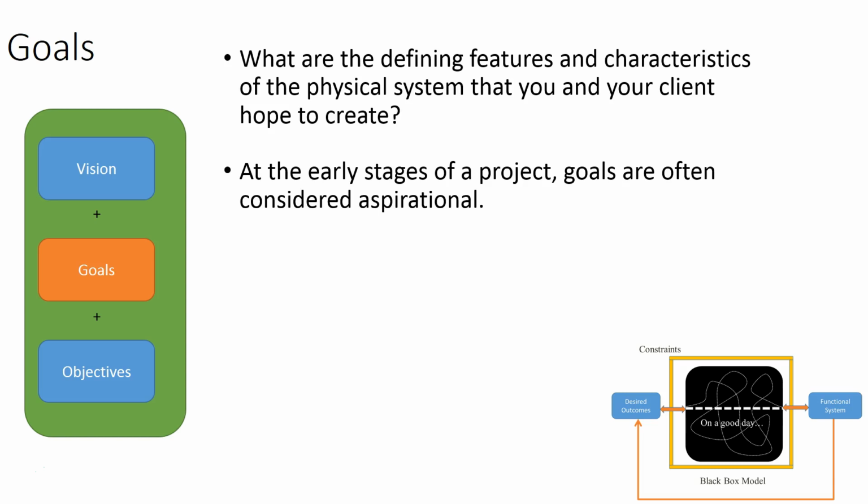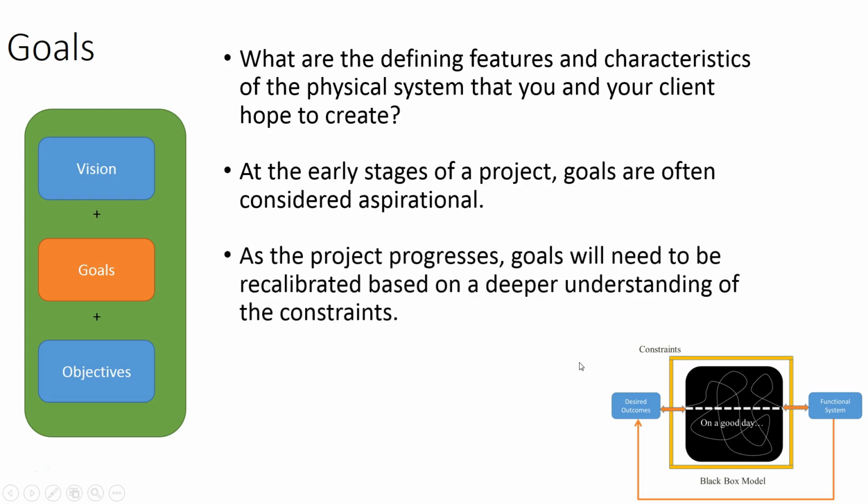And of course, if you notice on the little black box model that we have in the lower right hand corner here, all of these arrows are two-way arrows. So we have desired outcomes, which include our goals, but they're always interacting and they're always engaging with constraints. And so as you progress through your project, you're going to develop a better understanding of what the constraints are.